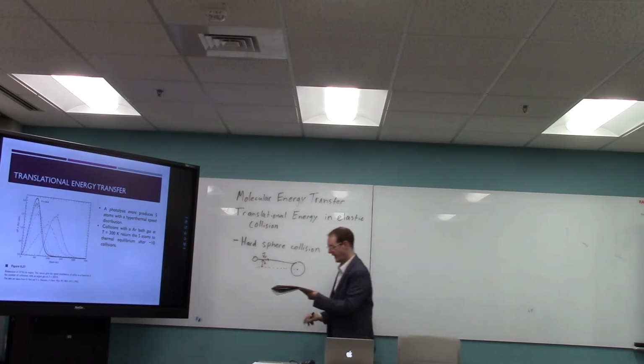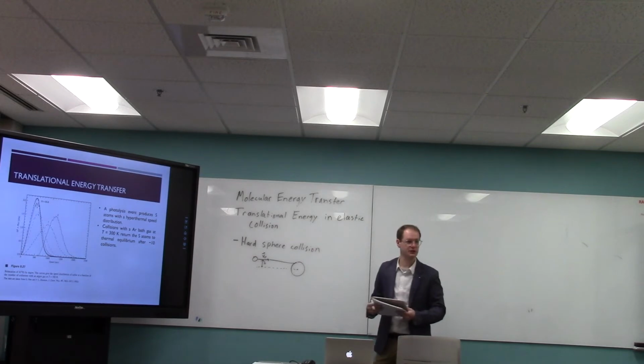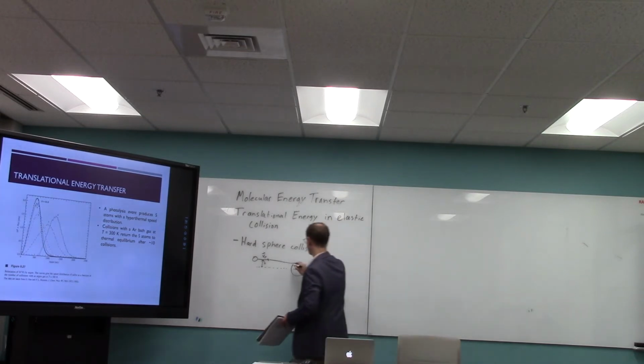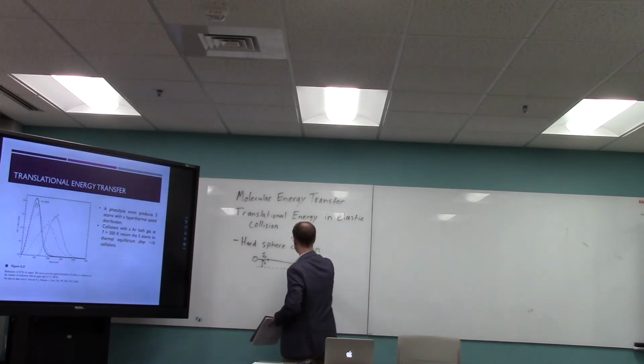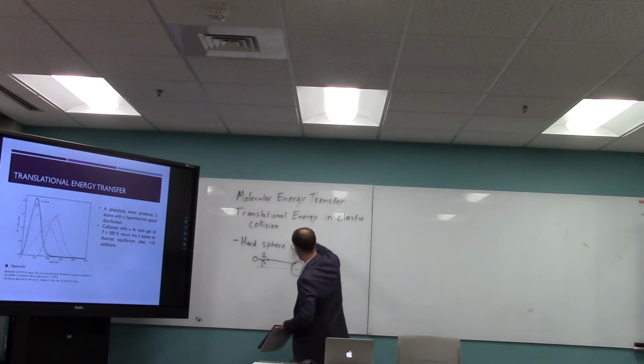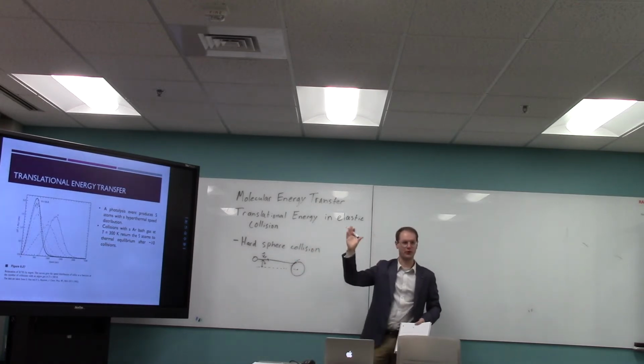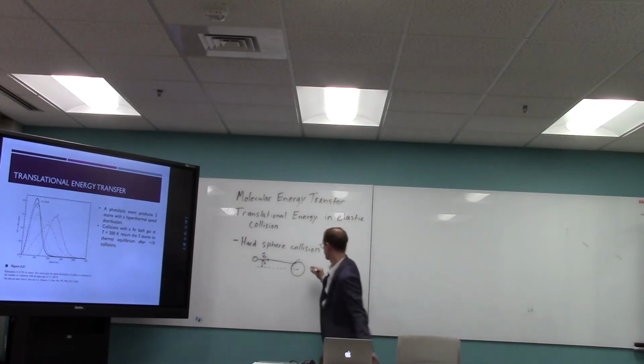Okay? And if you have a hard sphere collision, you always get scattering at the specular angle, meaning if you treat this like a flat surface, then you're going to scatter at an angle that is symmetric about the normal of that surface.